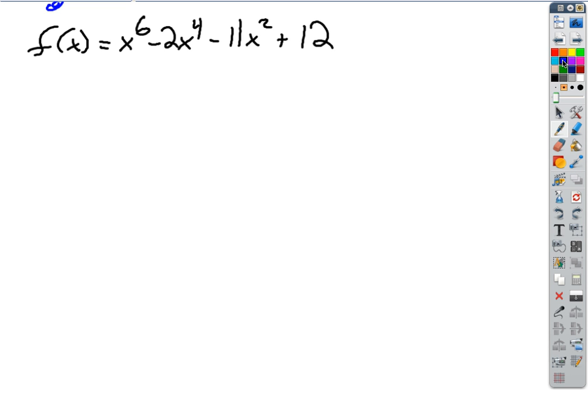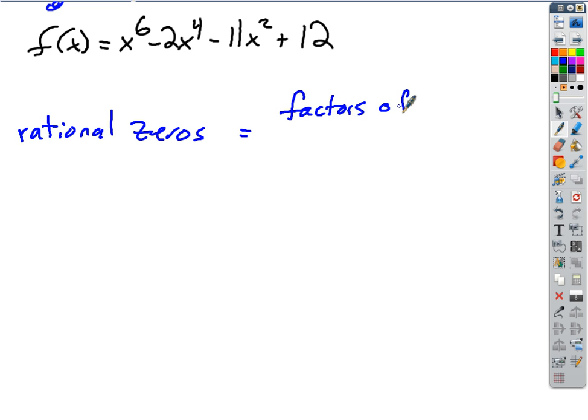So all of the rational roots, or the rational zeros, equal the factors of 12 divided by factors of 1 in this case. Okay, so how did I get those numbers?